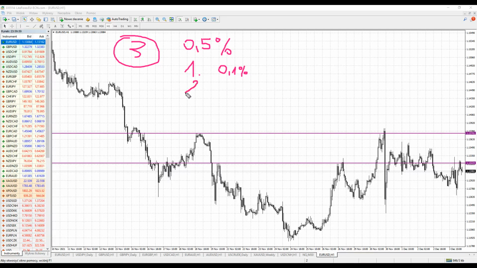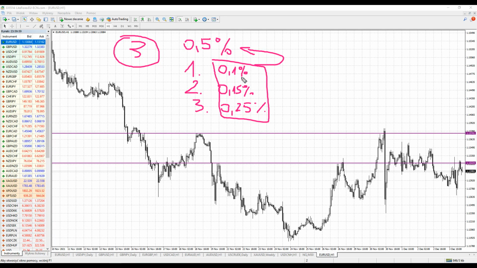The second is going to be 0.15, right? Total loss. And the third one is going to be 0.25, right? So as you can see, in total, we are talking about 0.5 per, let's call it, grid, all right?